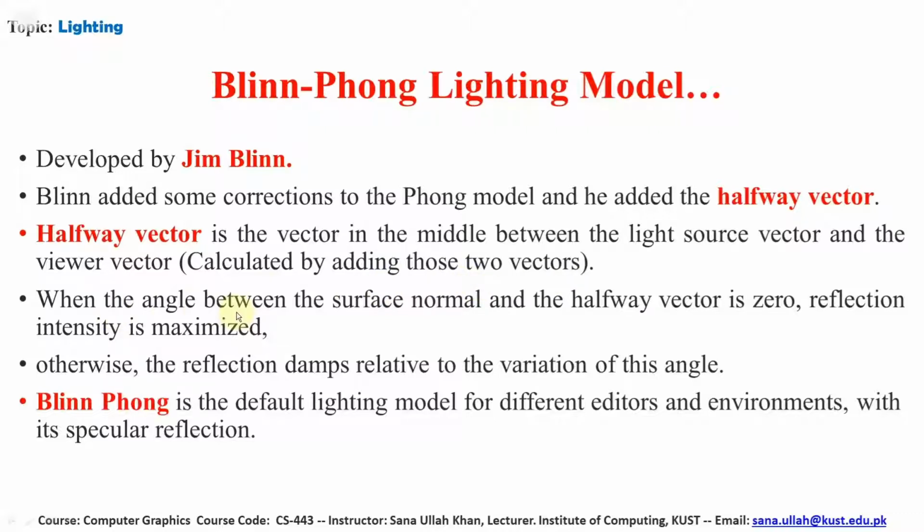When the angle between the surface normal and the half vector is 0, reflection intensity is maximized. Otherwise, the reflection dampens relative to the variation of this angle. So Blinn-Phong is the preferred lighting model for different editors and environments with its specular reflection.